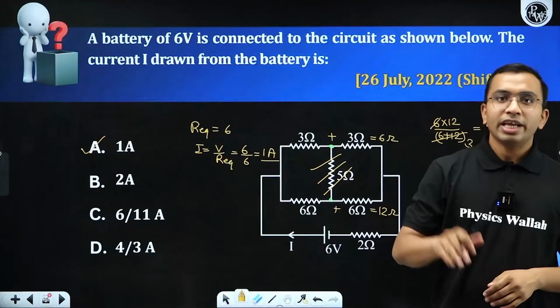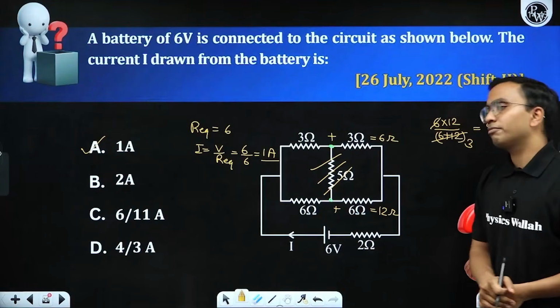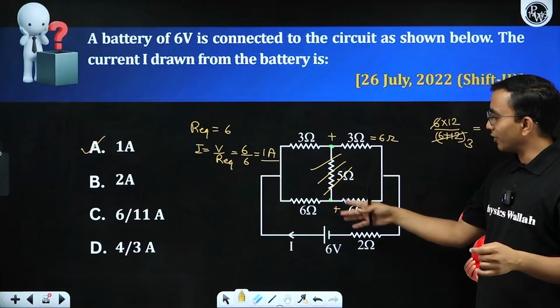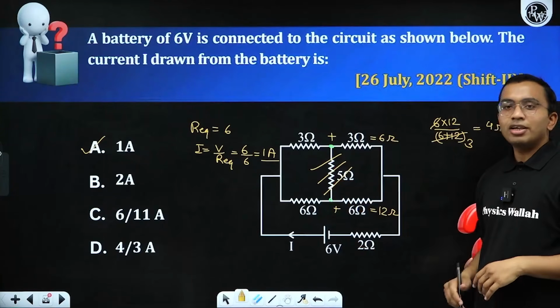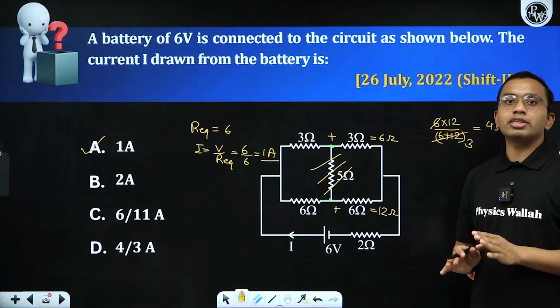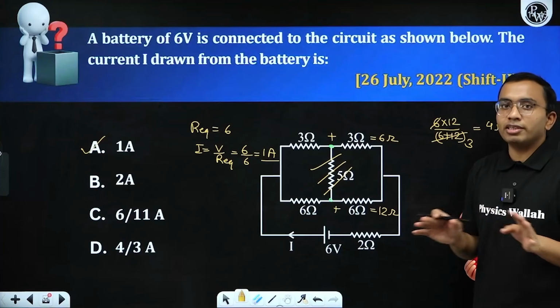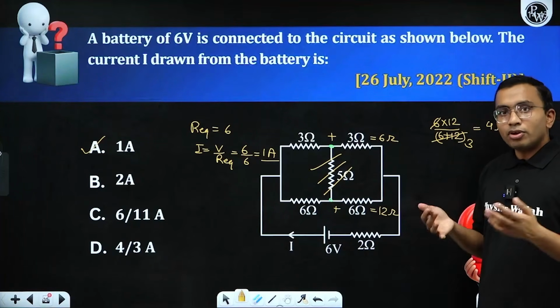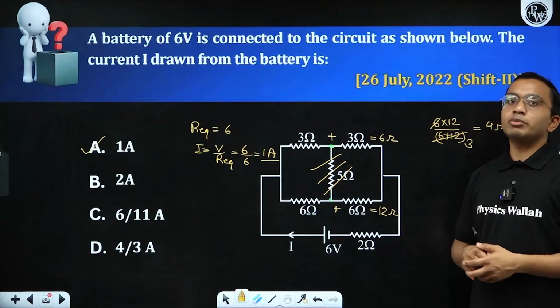And trust me, in mains if such a question is coming, where you see 3-4 resistors connected, like 5 resistors connected like this, most probably that will be a balanced Wheatstone bridge condition only. That is not going to be anything different. Why so? Because they will not ask you such a question in which so much time will be taken.